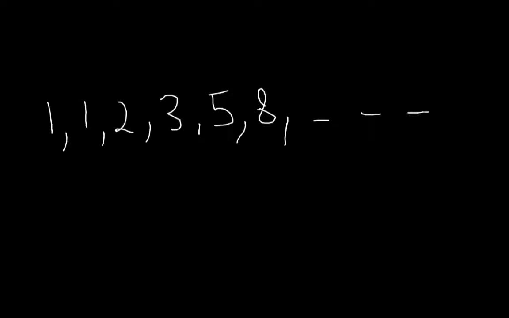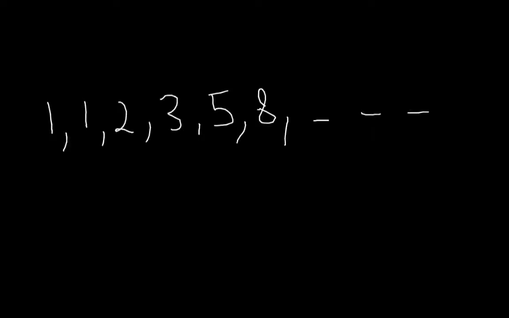So let's say we have this famous series, 1, 1, 2, 3, 5, 8. You know what this is? This is called the Fibonacci sequence, or for your age, for class 10, it's okay to say that it is a series, Fibonacci series.